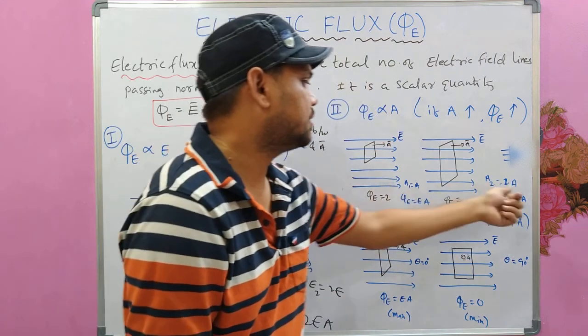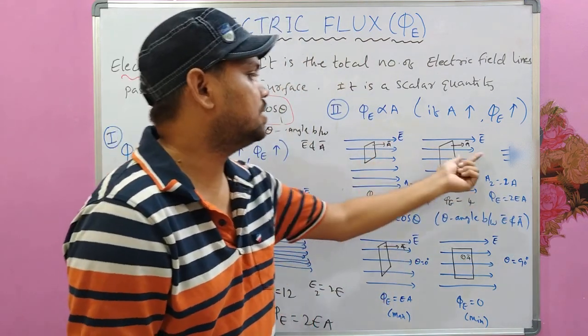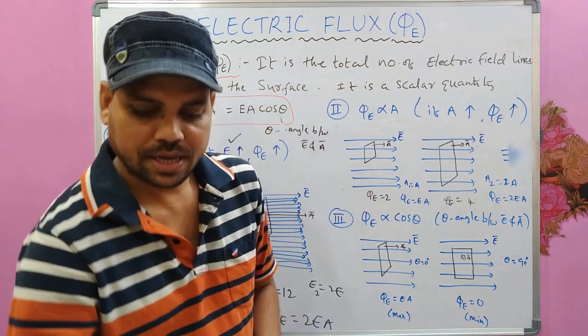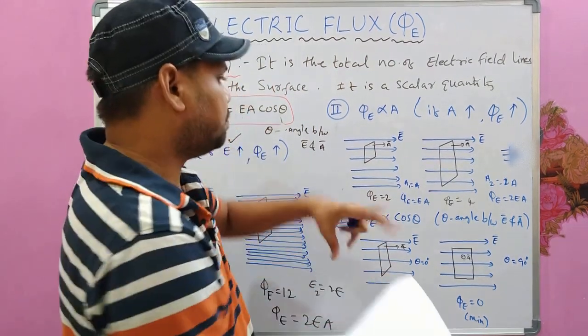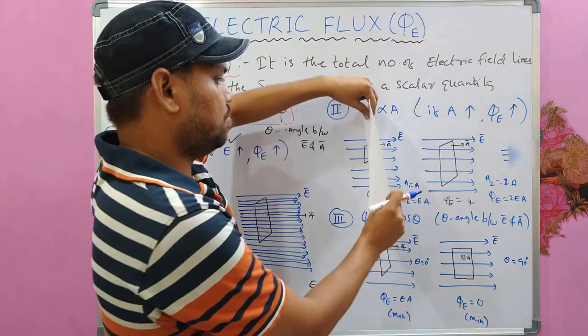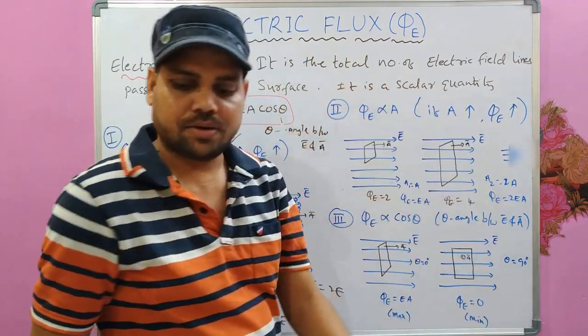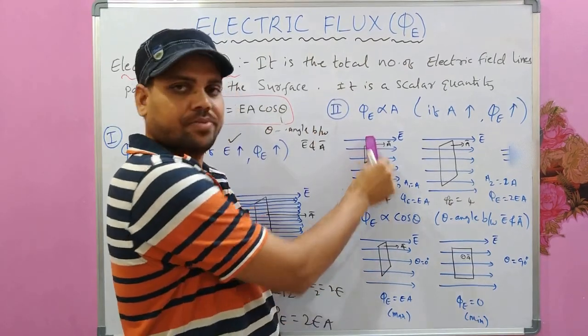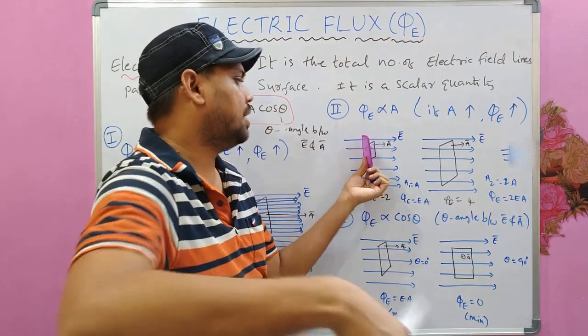Area is increased. Okay, in both cases, area is parallel to the electric field vector. But the only thing is, here I have taken a smaller area, here I have taken a big area.